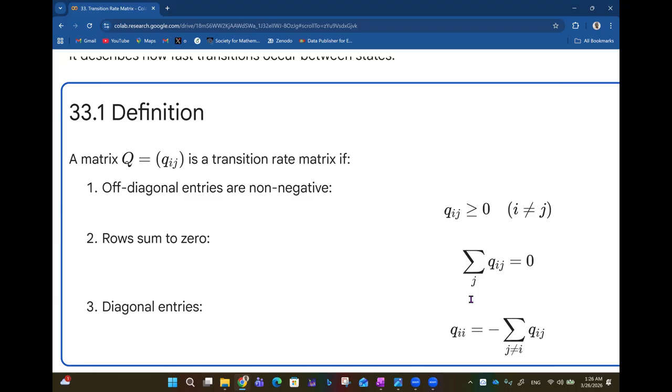Then the diagonal entries Qii can be said to be minus the summation of all the Qij's for j not equal to i. I didn't quite define this clearly in the last video, thankfully we have this now. So Qii is minus the summation for j not equal to i of Qij's, the summation of every other entry.